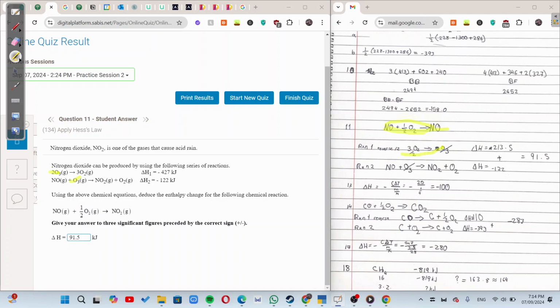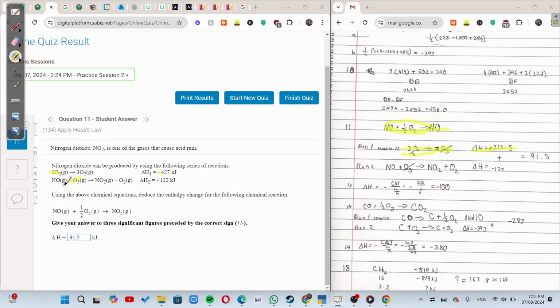So this is what you get when you divide it and reverse it. I don't know why I put O over 3, but this line was a mistake. It's O3. So again, just reverse the first equation and divide it by 2, and don't forget to do the same to your heat of formation and make it positive, because you flipped the equation.